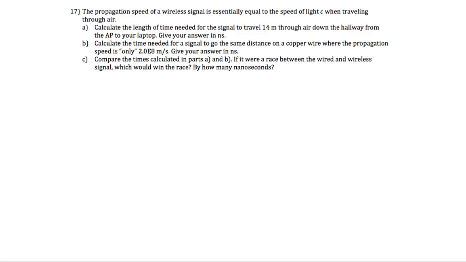And what we're going to do is use the equation: the distance is velocity times time, and we're going to use the fact that the velocity is the speed of light in air.